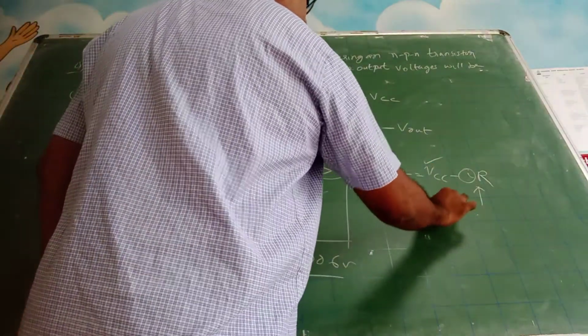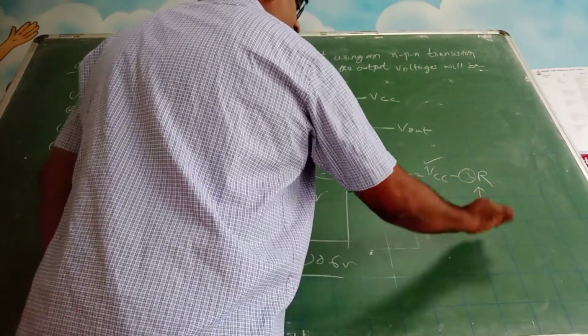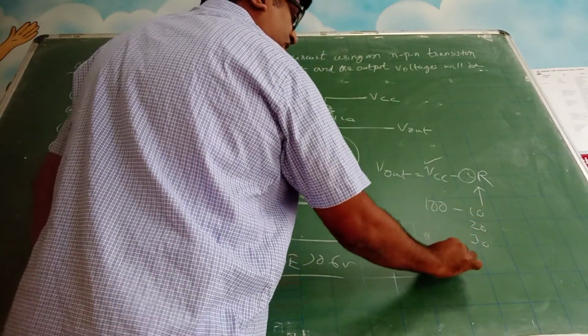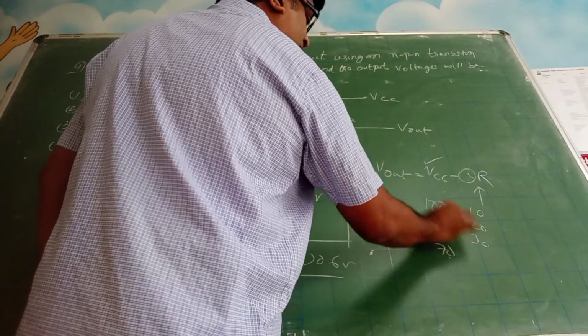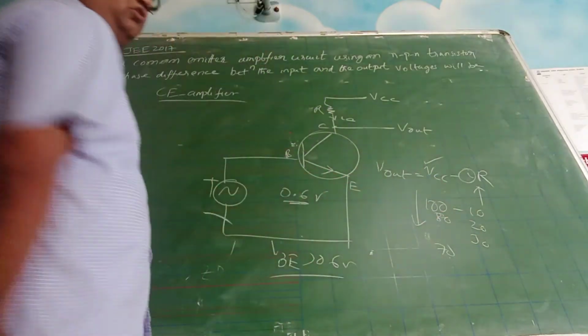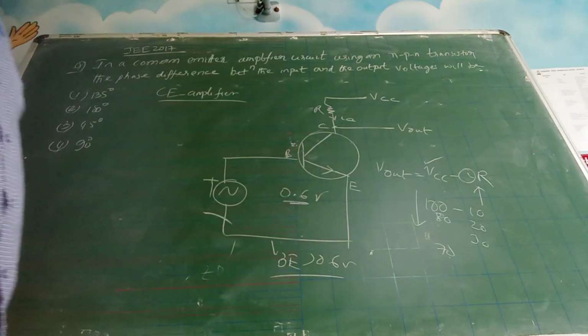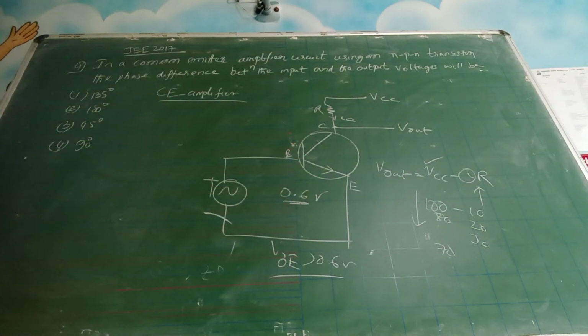So it is like 100 minus 10. Now 10 became 20. 20 became 30. So 100 minus 30 is how much? 70. 100 minus 20 is 80. So what is happening? Output is dropping, right? So with increase of voltage, output is dropping actually. So the phase difference will be, they are mutually opposite to each other. One is increasing, other is decreasing. Phase difference is 180 degrees.